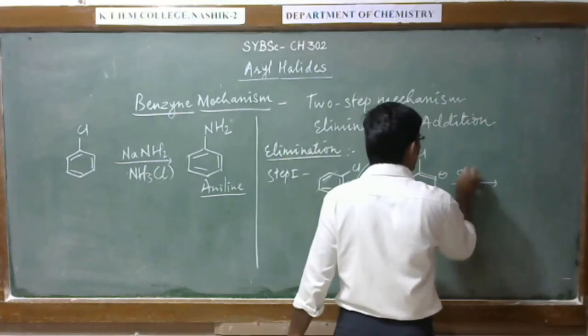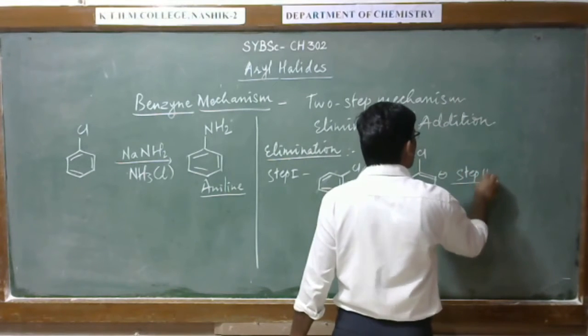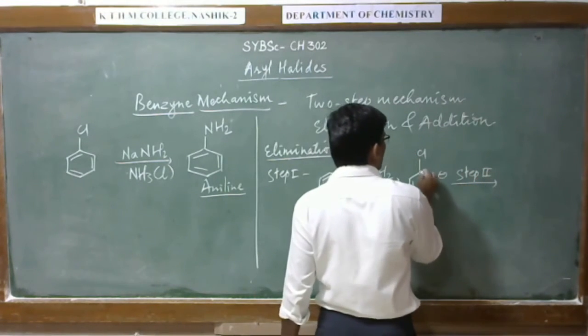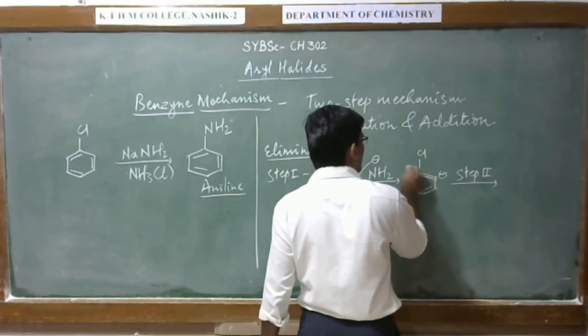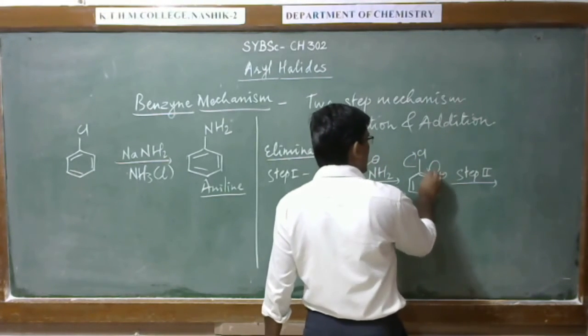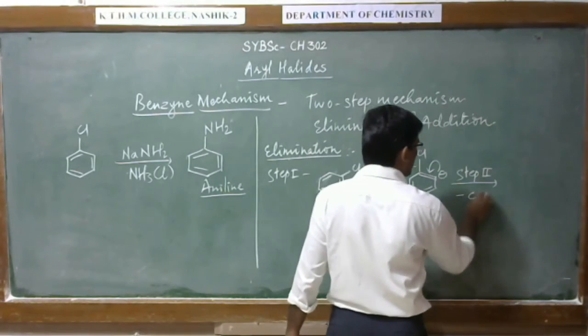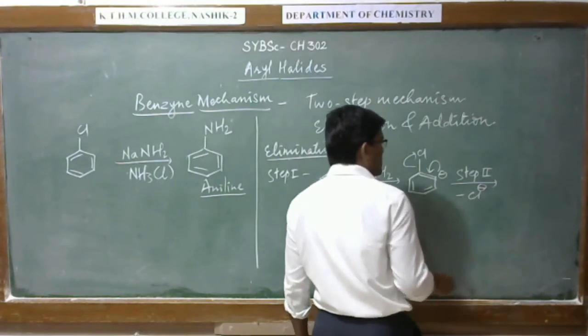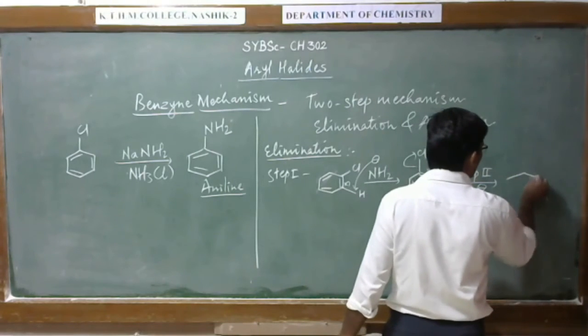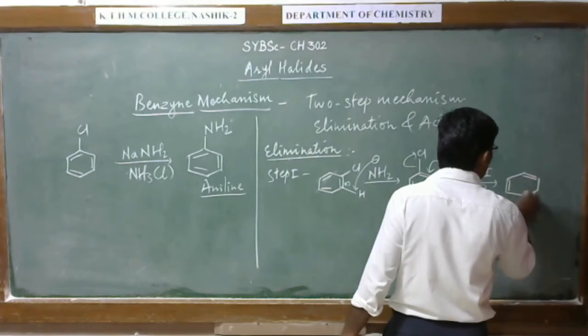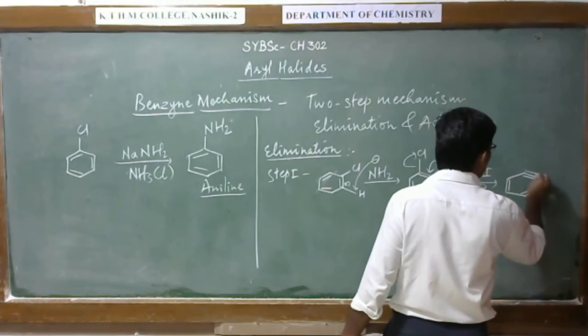In step 2, there is elimination of this halide, and this negative charge will restore over here, and this chloride ion will go away. So it will generate this benzyne.